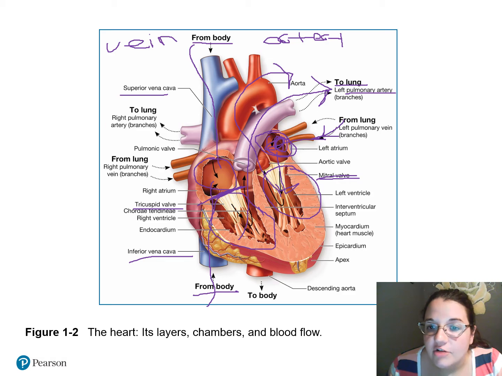There, you're going to go to the lungs and get some oxygen and come back through your pulmonary vein. That's the only time my pulmonary artery will carry deoxygenated blood and my pulmonary vein will carry oxygenated blood. I am now in the left atrium, and the pressure is going to cause my mitral bicuspid valve door to open, allowing the blood to fill down into the ventricle.